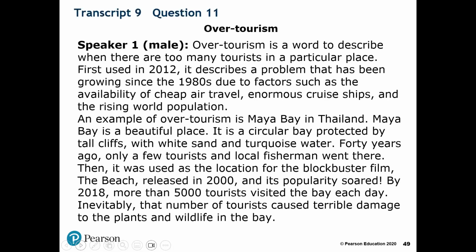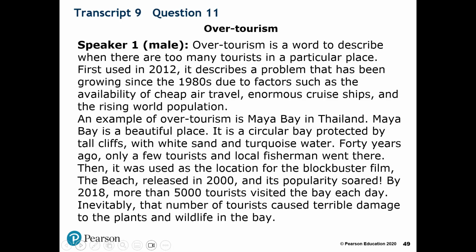Okay. Let's have a look at transcript 9 then. Here, you start to see, of course, the length and the complexity. And we're also starting to see more difficult vocabulary, some much longer sentences, and also some different kinds of clause types as well.